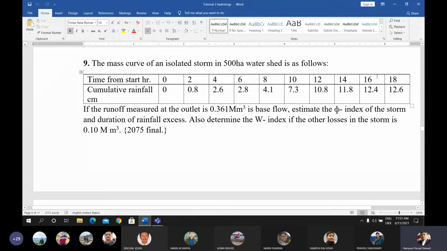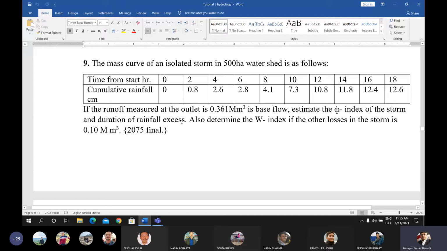The time duration is given at intervals of 2 hours. Now cumulative rainfall total is 12.60. Initially the P value is 12.60. If the runoff measured at the outlet is 0.361 million cubic meter, estimate the phi index of the storm and the duration of excess rainfall.